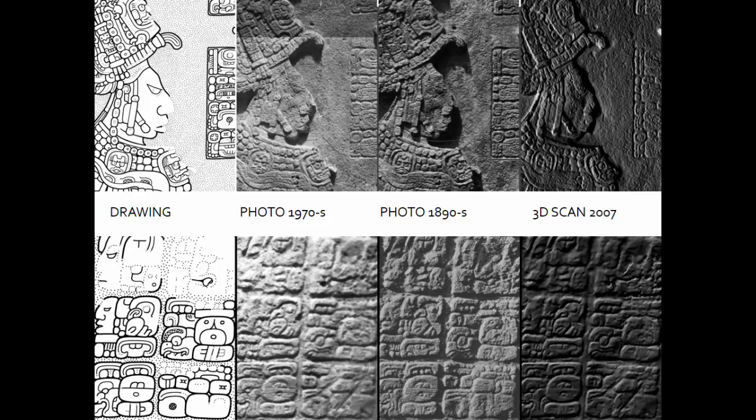So we produce accurate drawings which cannot be derived from any single type of data. Instead, it's combined data. It's our analysis of all available data sets to produce this composite image that reflects our understanding of what was actually there on the object.